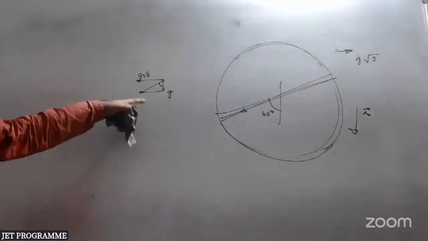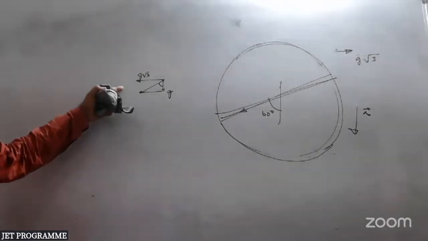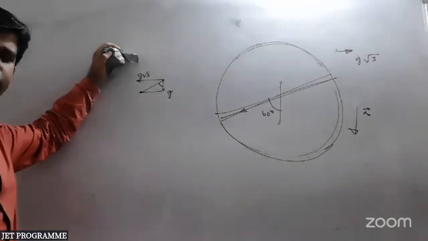They are perpendicular to each other. What is the resultant of two vectors?